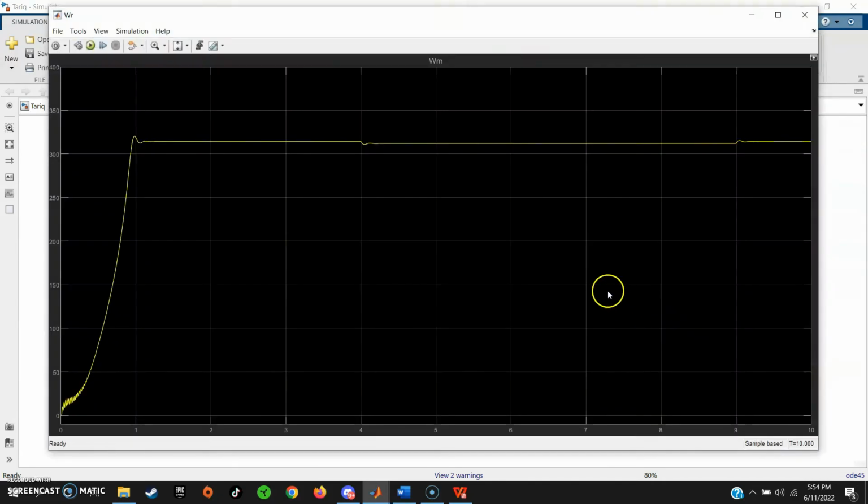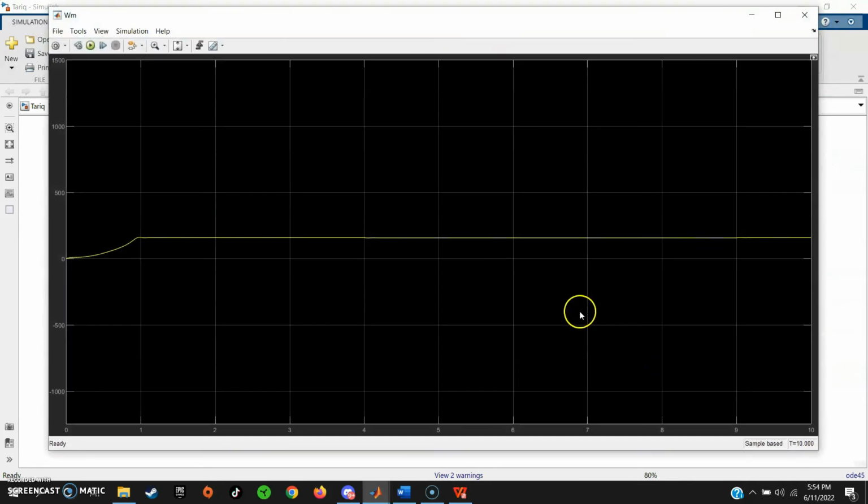This is the rotor frequency versus time graph. Okay, the graph increases until 0.8 seconds and is maintained, and drops a little bit until 10 seconds. And this is the rotor speed versus time graph.